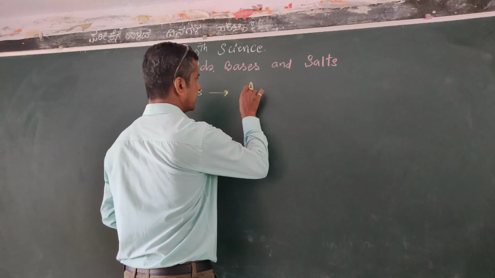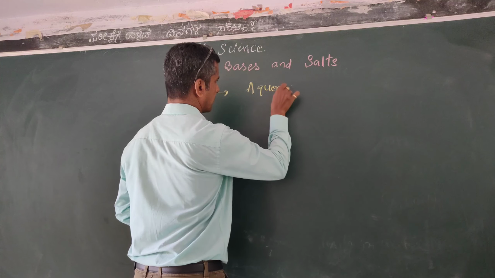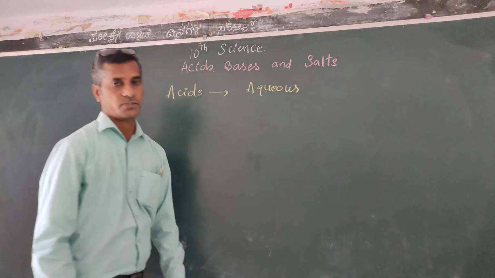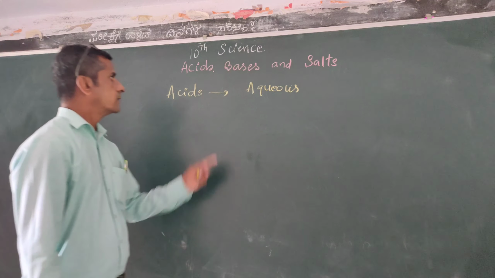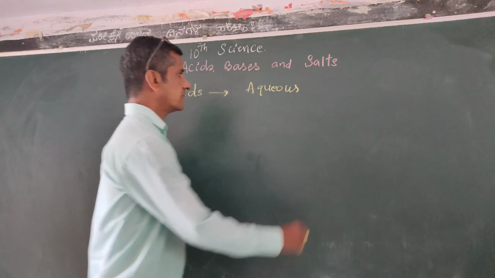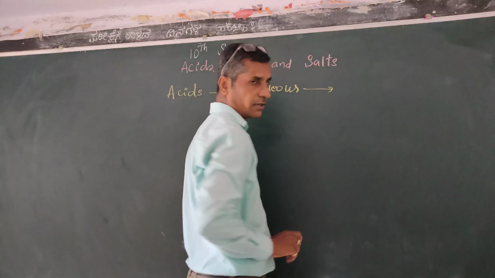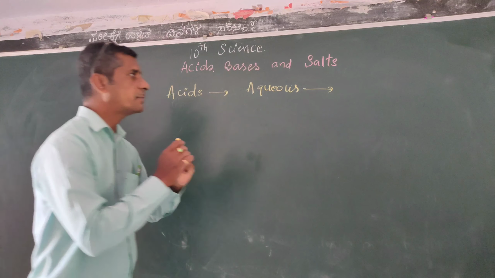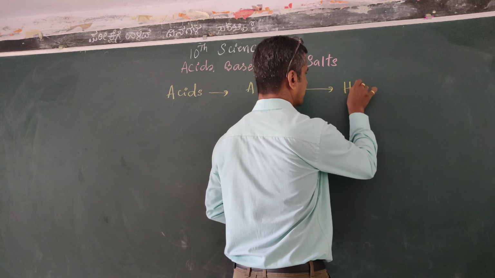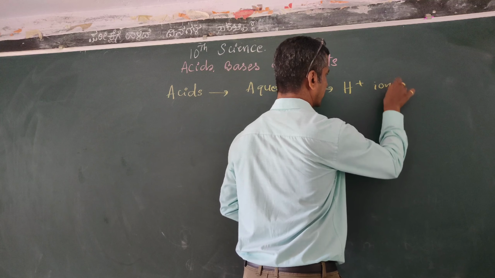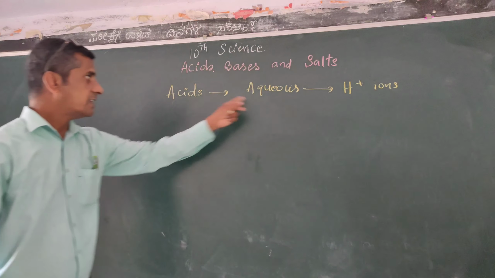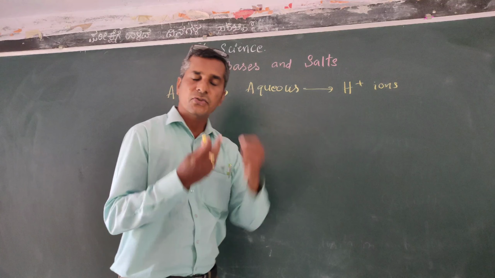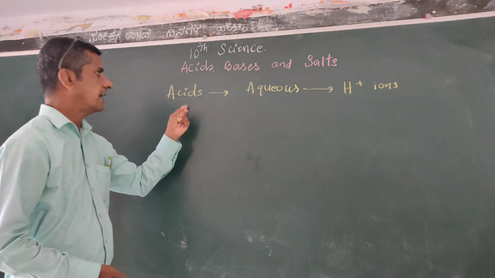I write the words aqueous solutions. So acids are the aqueous solutions which can produce ions. We know that acids generally produce H plus ions. By taking these two words, you can give the definition for the acids.